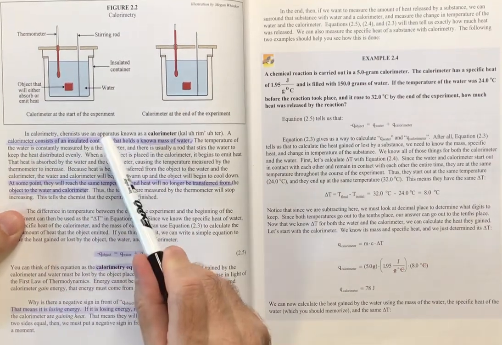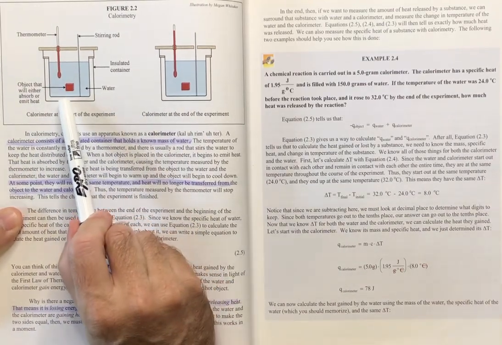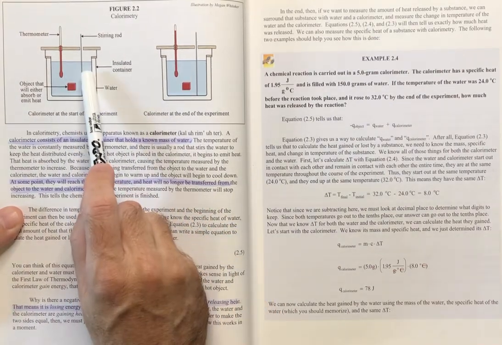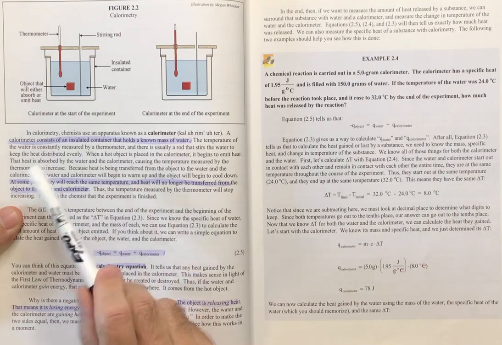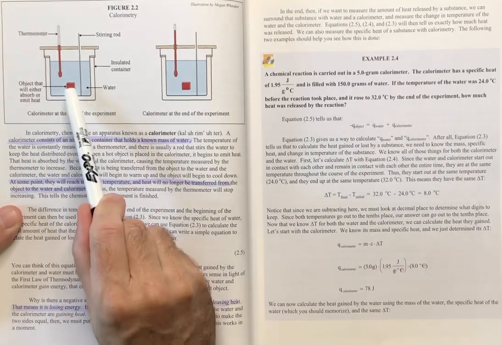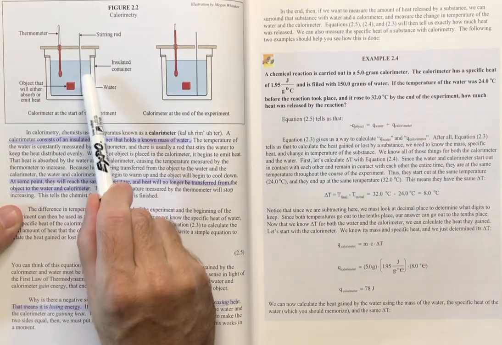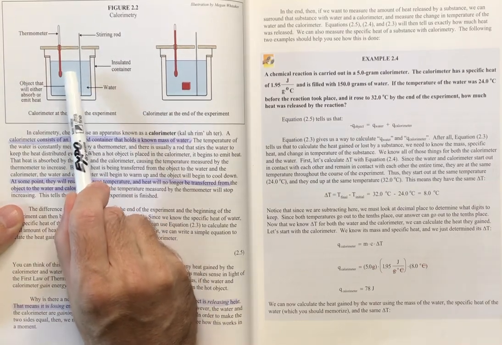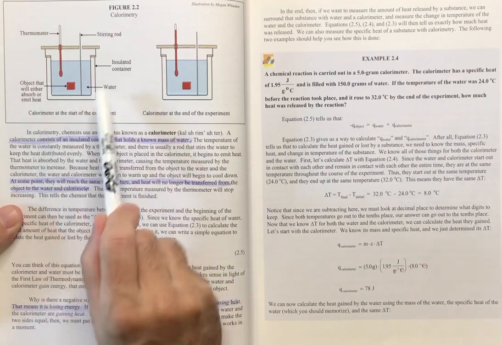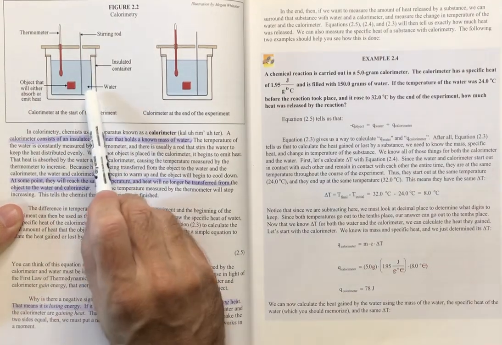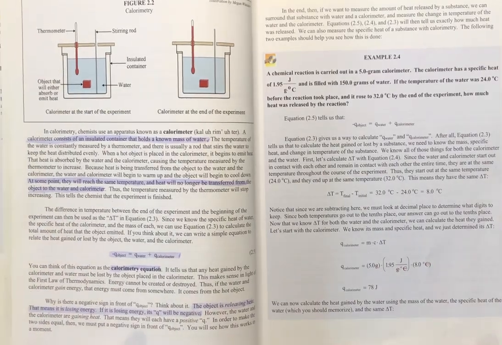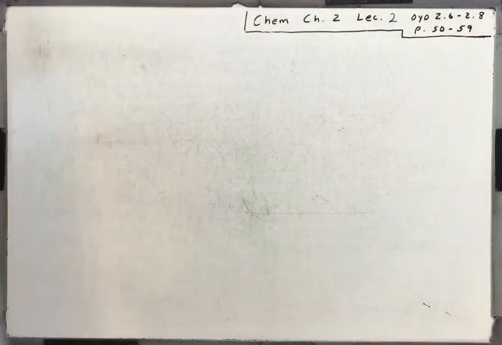Now, it depends on how much water there is and how big the object is, but let's say it rose 2 degrees from 22 to 24. You can gain a lot of information about that object just by knowing how much it raised the temperature of the water. So that's called a calorimeter. Calorimeters are used for a lot of things in science, and it's how they figure out how many calories are in foods. They do a calorimetry experiment.